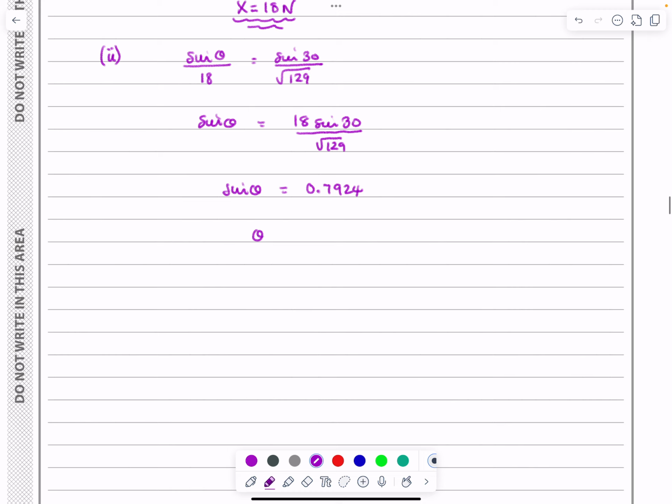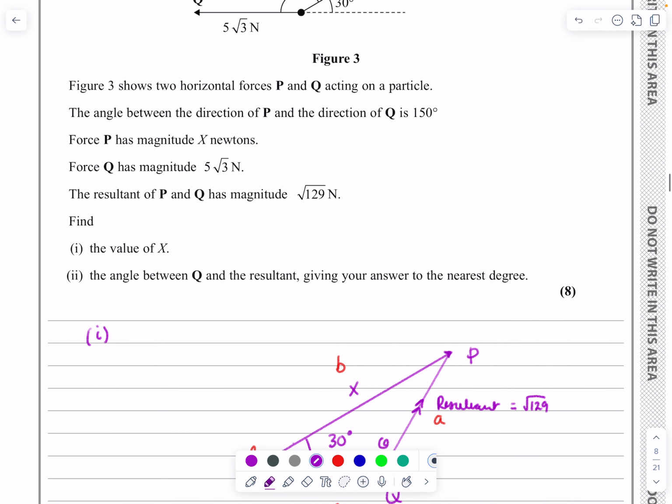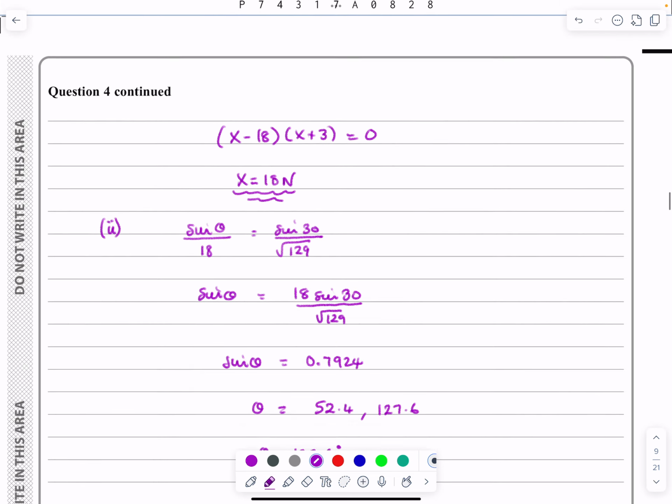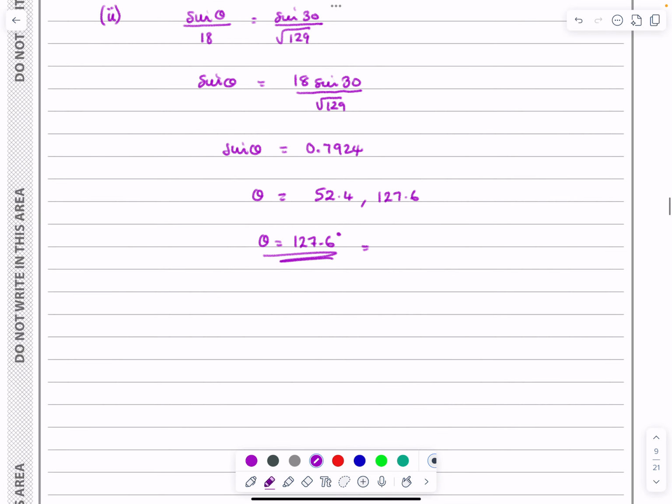Inverse sine of that, well, the calculator is going to give me 52.4, but I know that there is an alternative, 180 minus 52.4, 127.6, and again, from the diagram then, 127.6 is the obtuse angle that I needed. Did they say anything? Yeah. Oh, nearest degree. Okay, so 128 degrees.